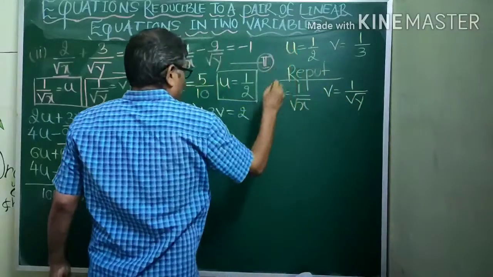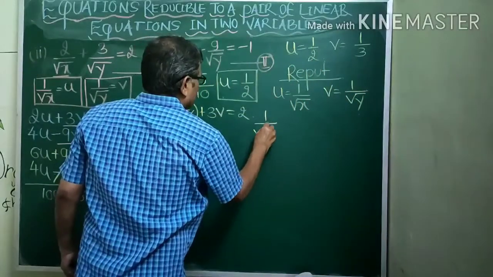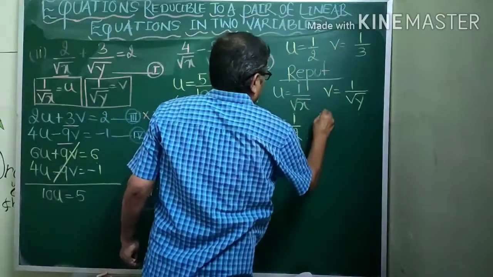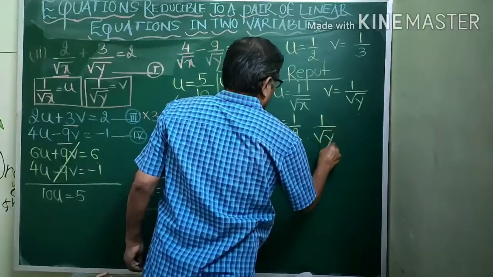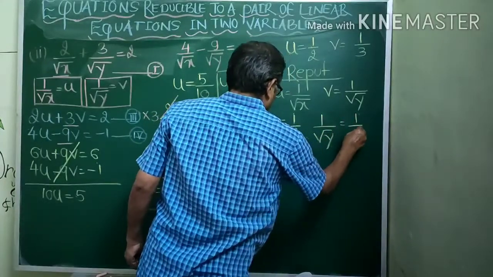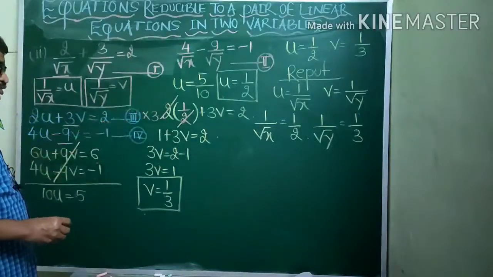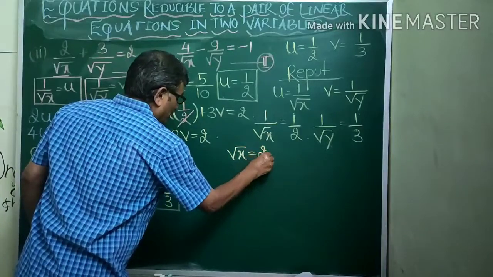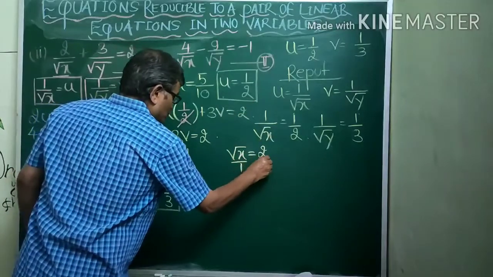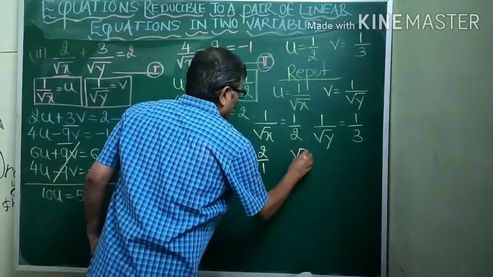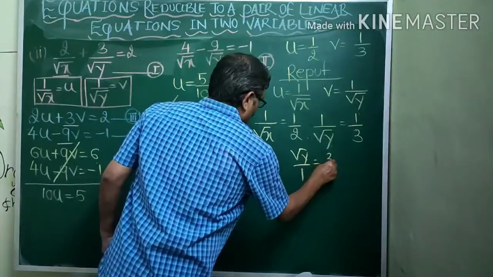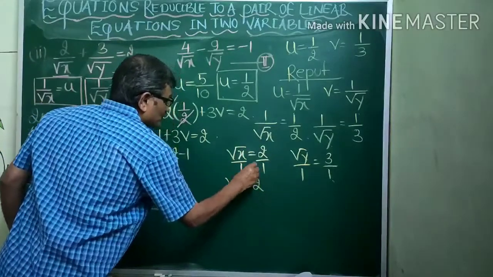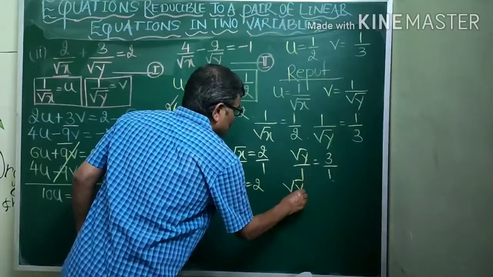If I do so, then 1 by root x is equal to 1 by 2 and 1 by root y is equal to 1 by 3. Now if I take the reciprocal of it, I will get root x is equal to 2, or root x by 1 is equal to 2 by 1, and root y by 1 is equal to 3 by 1. So that means root x is equal to 2 and root y is equal to 3.